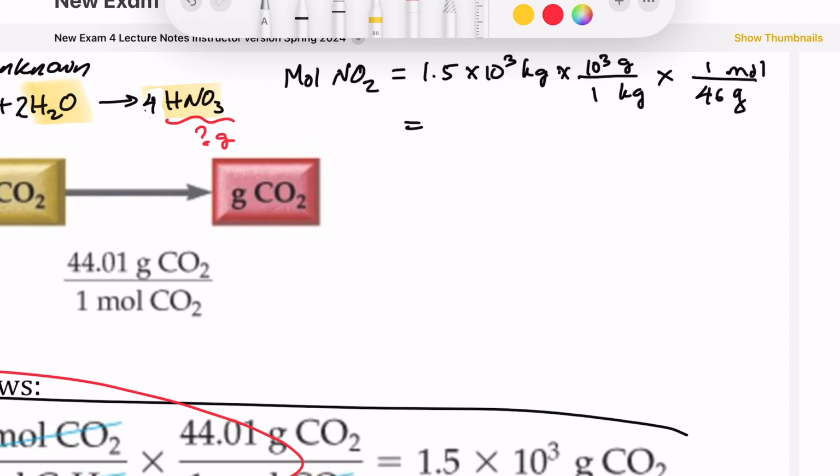And this ends up being a fairly sizable number just because we're starting with a pretty big number. But I'm just going to write this out. It's 3.2609 times 10 to the 5th moles. Okay, so it's a big number. But don't round anything right now. You want to keep all your digits around until the very end when you have to round to adjust the significant figures.